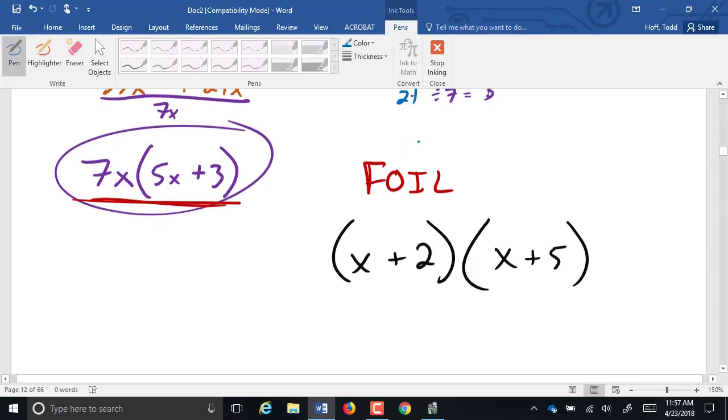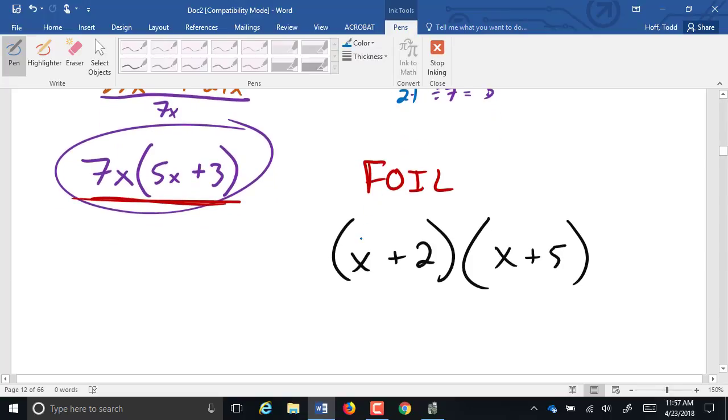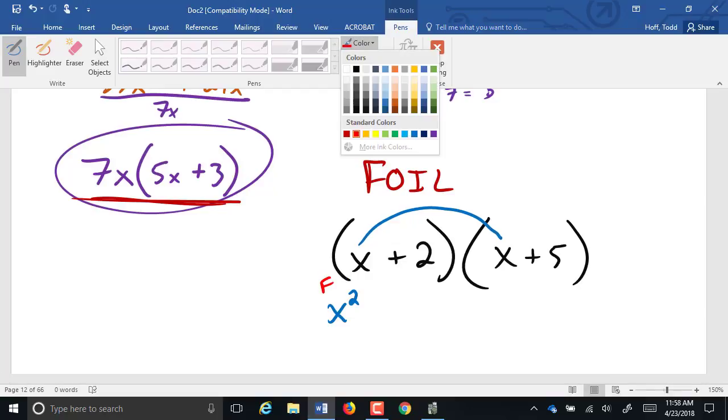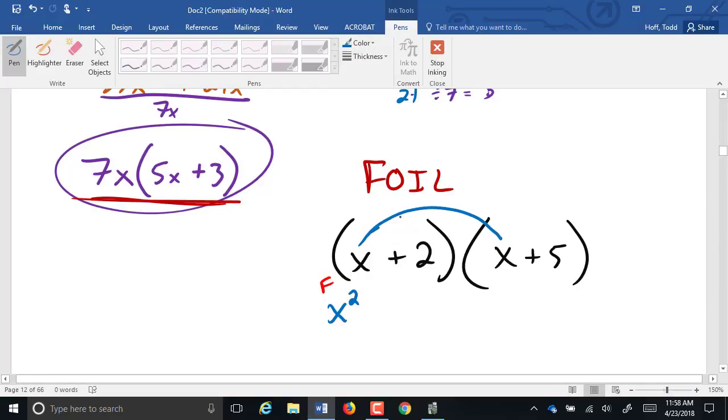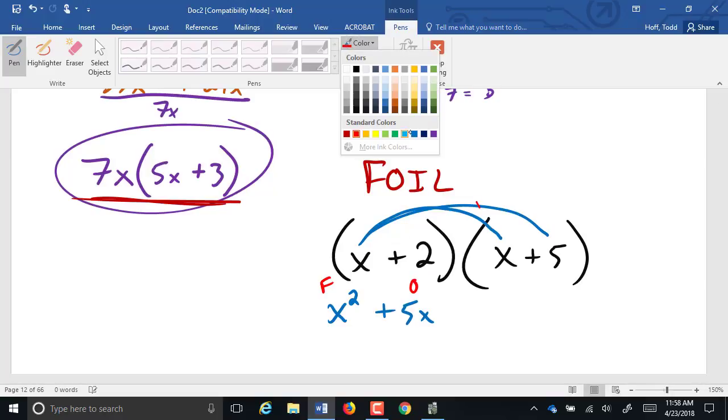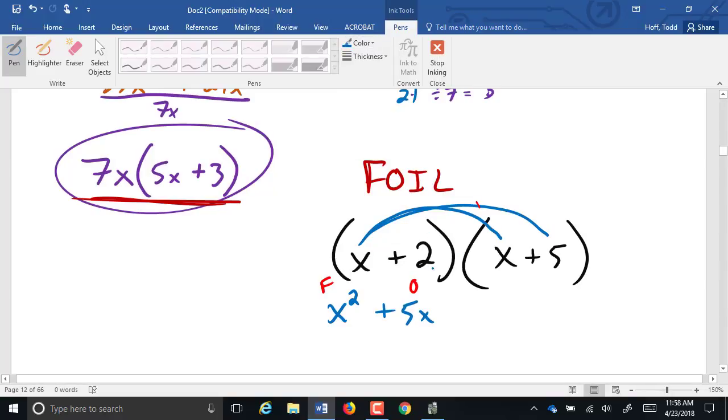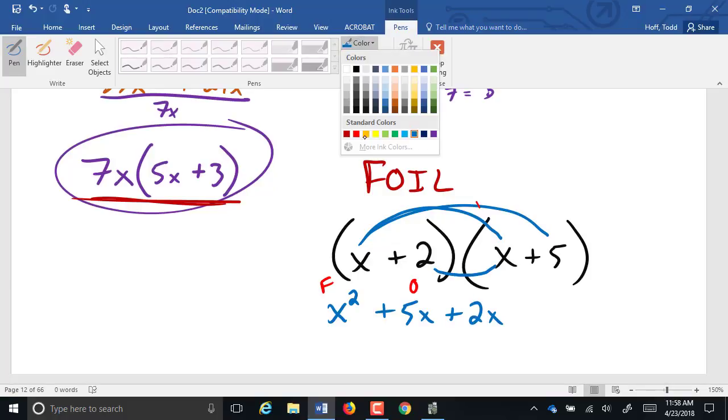The F in FOIL stood for first. We multiplied the first digit in each number. X times X was X squared. So that's from the F. O stood for outside. So X times 5 is 5X. That's our O. I stood for inside. 2 times X is 2X.